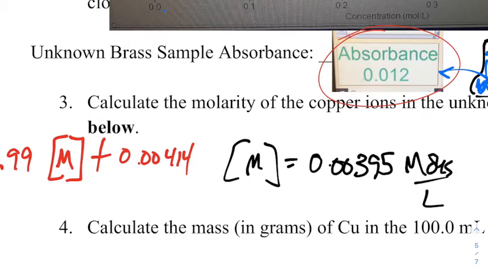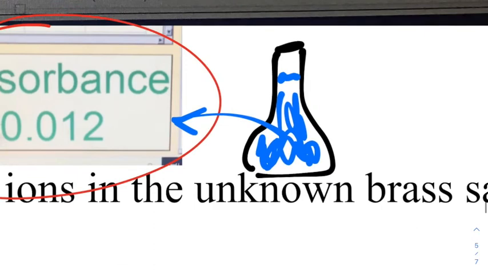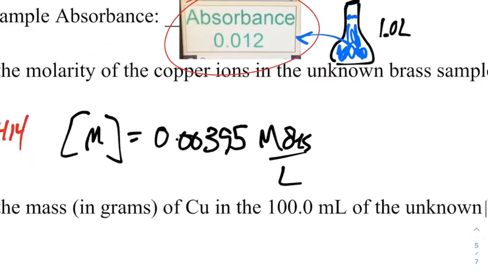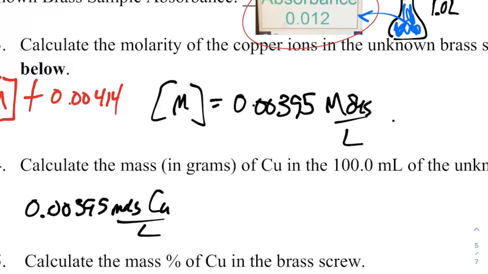Now, if that's my molarity, then I can figure out the grams, because don't forget, this was a 1.0 liter volumetric flask. That big volumetric flask was exactly 1 liter. So I know that I have 0.00395 moles of copper per liter.